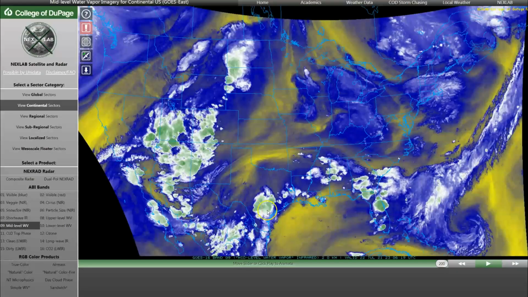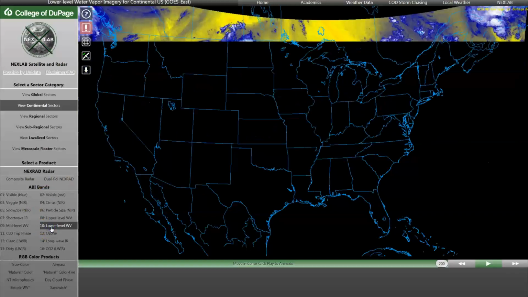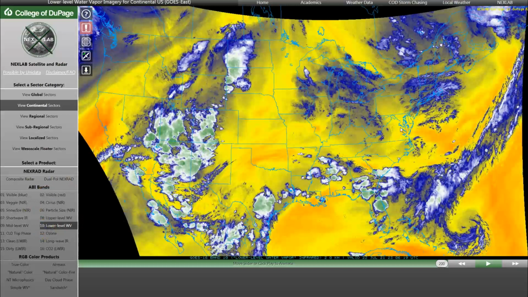Now, what forecasters do is we compare all levels of the water vapor channel, not just the simple water vapor, but we're concerned with the lower levels of the atmosphere as well for convection and thunderstorms, and they're showing up in the greens and whites here, across the desert southwest and into the upper Midwest as well. A lot of sinking air here, and a new storm system coming in to the Puget Sound off the west coast.